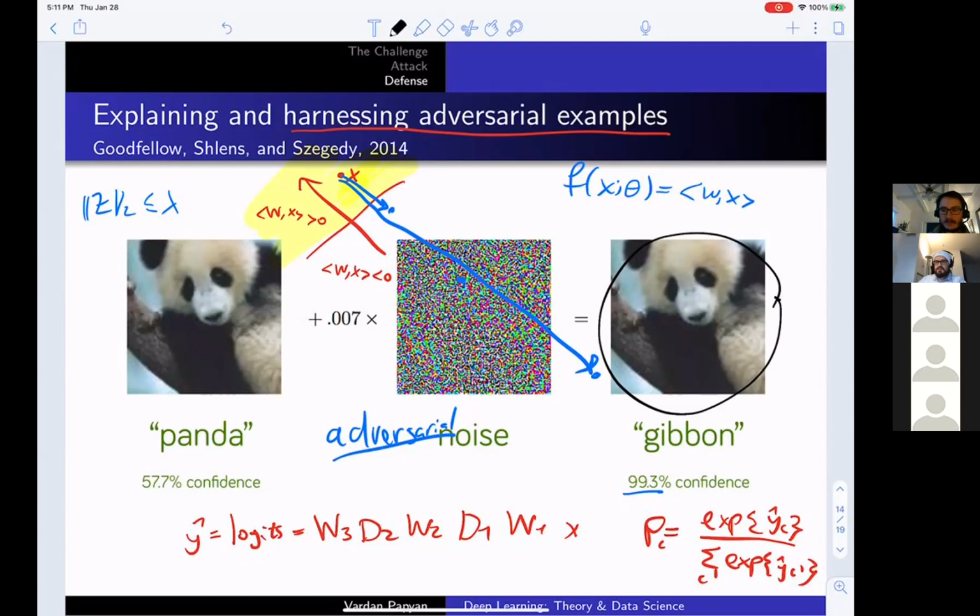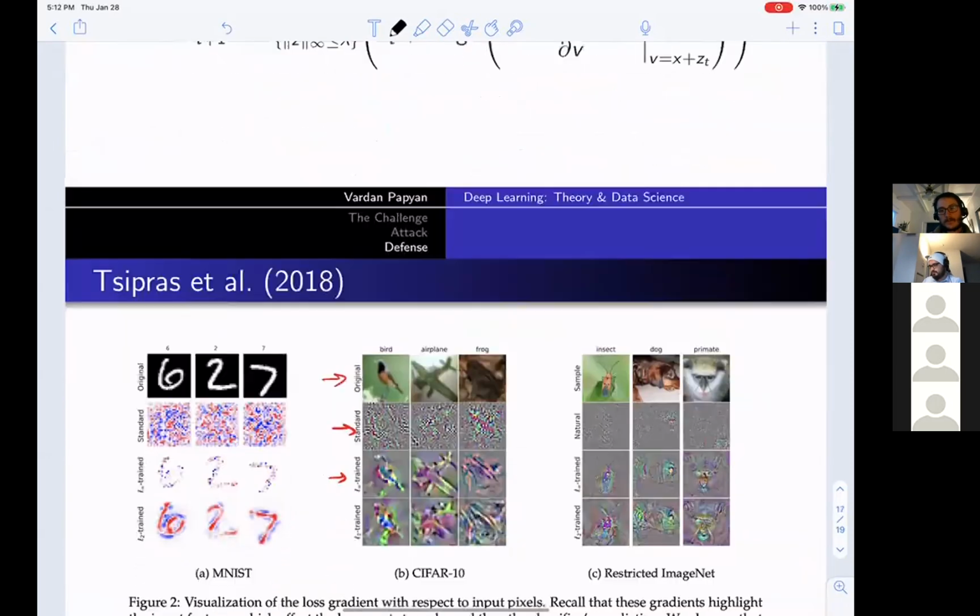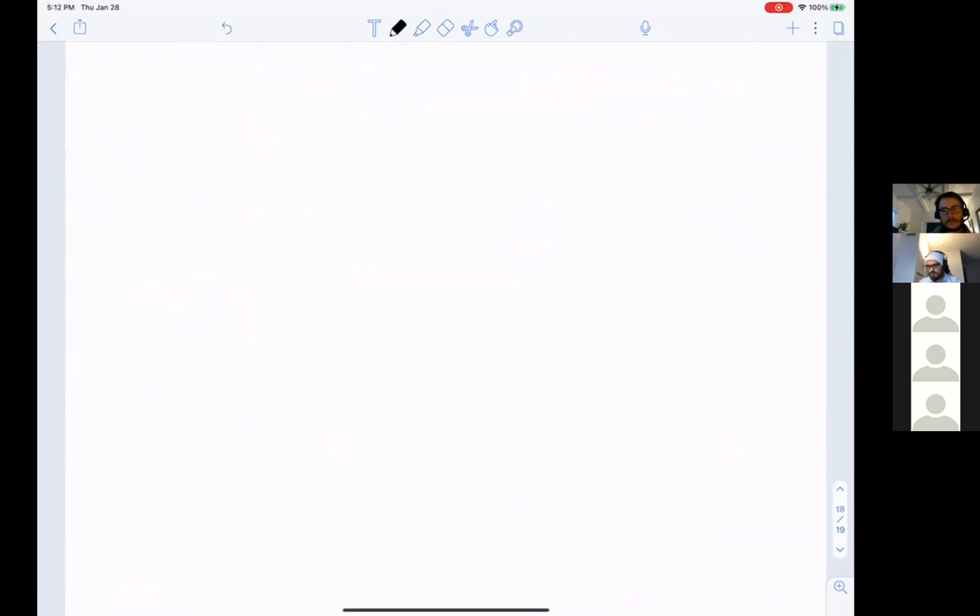I wouldn't say it's bizarre, because intuitively I think it's clear why this is happening. When do you get adversarial examples? What causes them? From my perspective, let's say you have a linear model, y hat equals Wx.